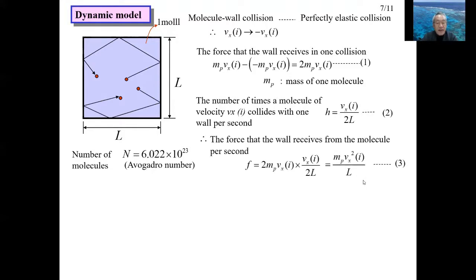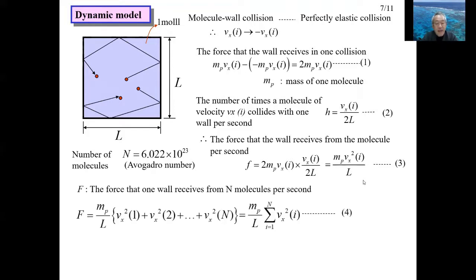The force that the wall received from the molecule per second is given by equation 3. The force F that 1 wall received from n molecules per second is given by equation 4. Dividing F by the surface area L squared of the cube gives the pressure.